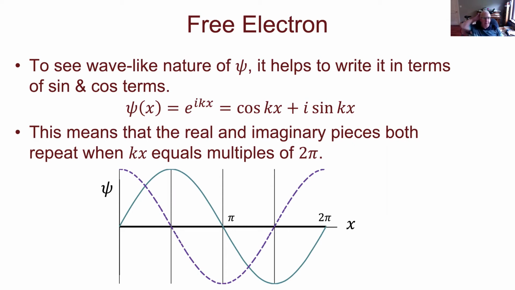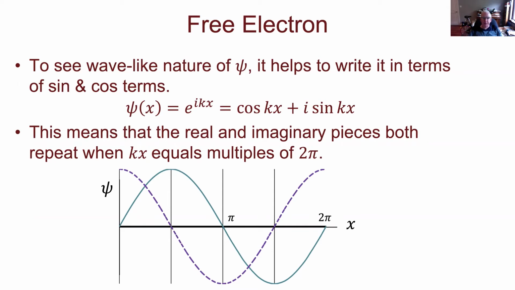If I do that, I get a real part of my wave function, which is just cosine of kx, and an imaginary part, which is i sine of kx. That says that both pieces of my wave function are going to oscillate, be wave-like. They're going to vary, and they're going to repeat when kx goes through multiples of 2 pi, because kx is the argument of both sine and cosine in there.